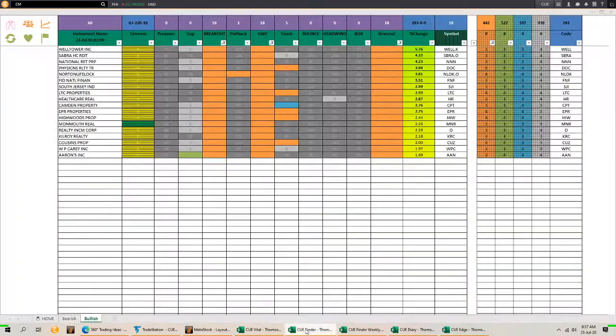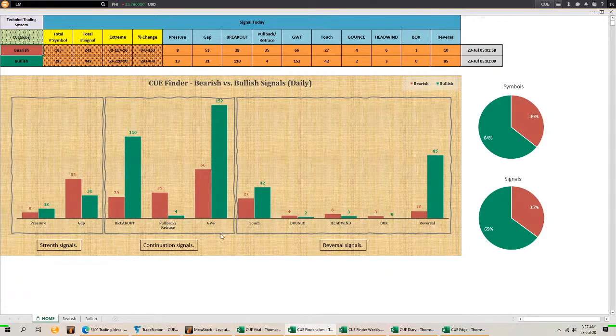Let's go back to Finder. Remember in Finder what I was focusing on yesterday: the stocks that had breakout as well as reversal. I found one stock from Finder, and then I found the same pattern using a different workflow.